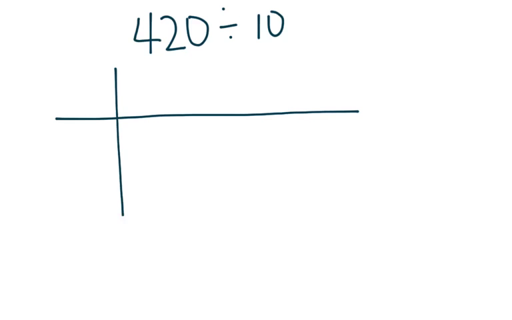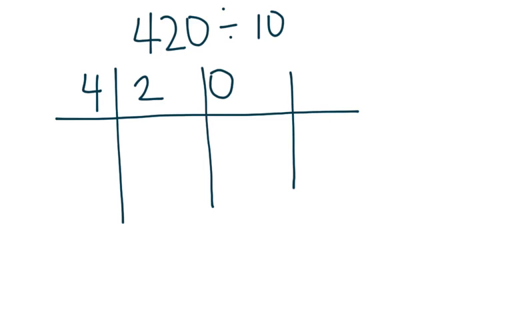Another way of looking at this problem that we did at the beginning of the year is to use our place value chart. Let's reflect on that at the beginning of the year. When we started with 420 and we were dividing by 10, we agreed that when we divide, our place value spots, if we're working with whole numbers, they need to be decreasing.